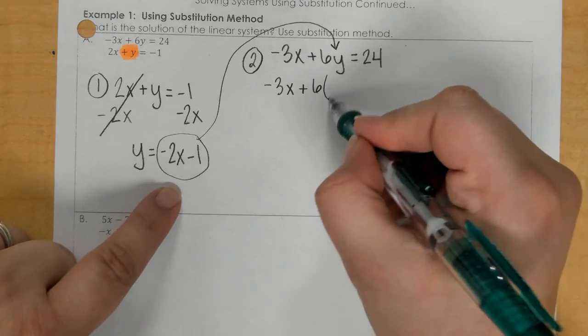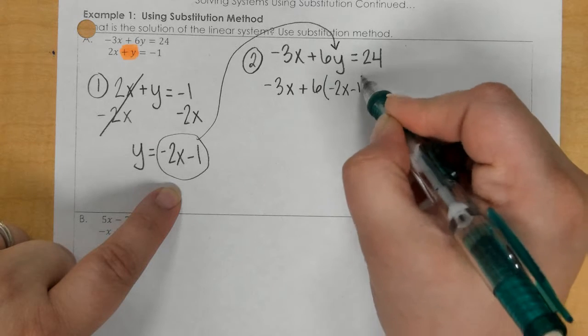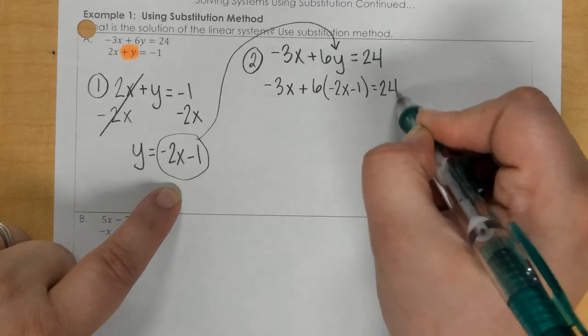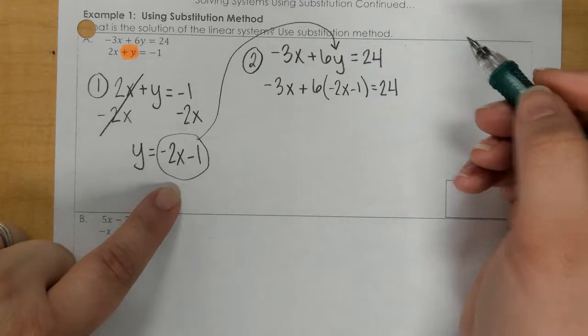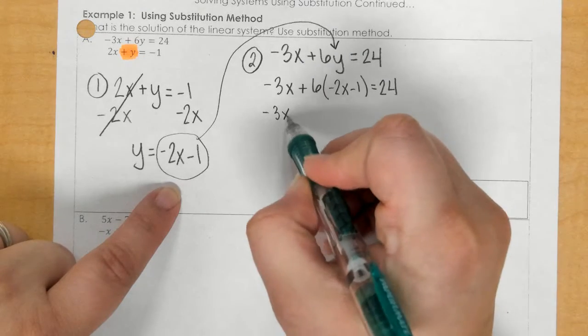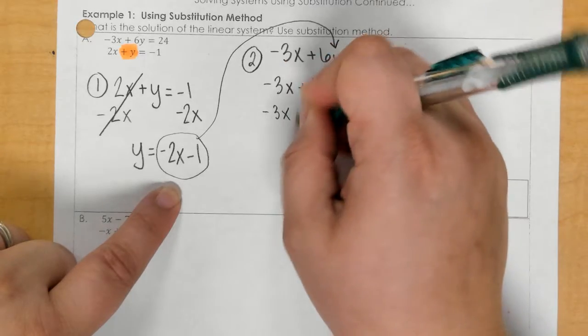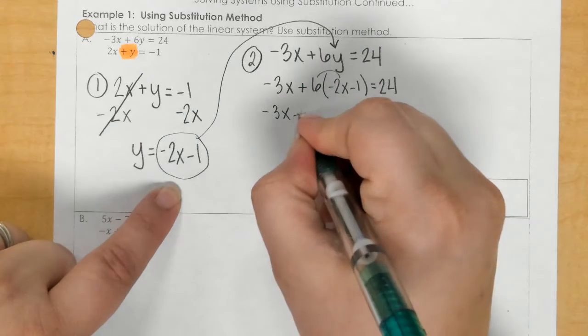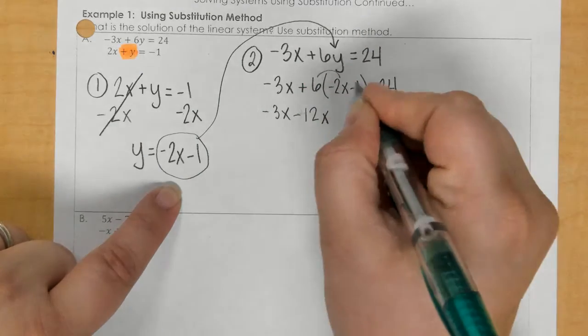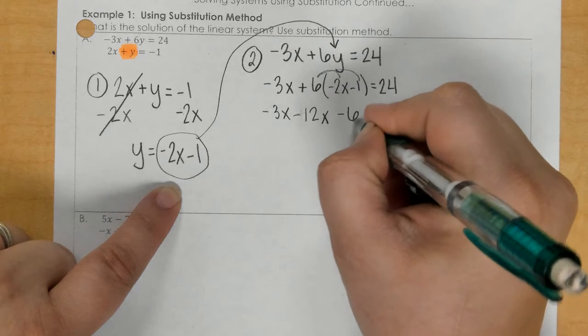And so we have negative 2x minus 1. Then we distribute our 6, so negative 12x. And then 6 times negative 1 is negative 6.